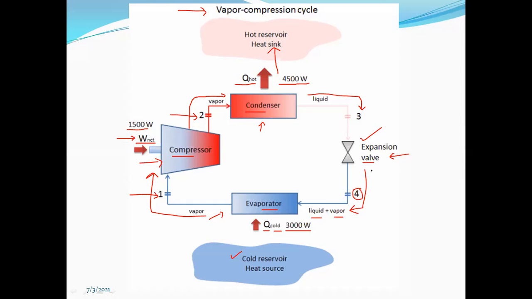Again the evaporator transfers the vapor to the compressor, then the compressor to the condenser, then the condenser to the expansion valve, and then the expansion valve to the evaporator. In this way, the vapor compression cycle works.